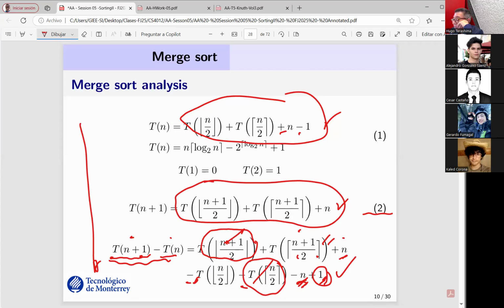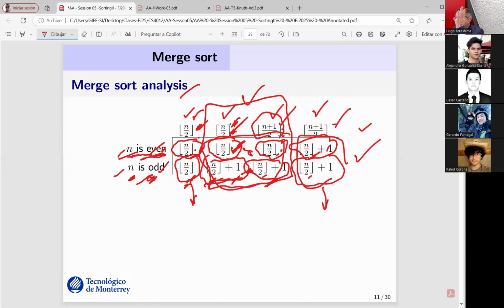And I'm left with this one and this one, but in terms of n over 2 floor each, right? Because for both cases, in this case, n over 2 floor, they are n over 2. And for n plus 1 over 2, for two cases, they are the same, right?